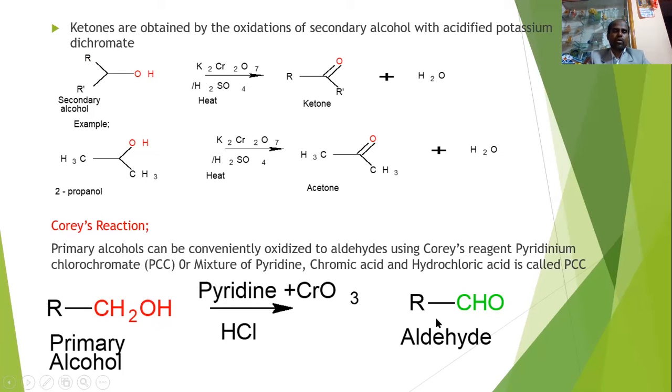That means Corey's reaction is useful for the preparation of aldehyde starting with primary alcohol. So that means it's a mild reagent. So using this reagent, one can convert primary alcohol into aldehyde. So there won't be further oxidation as in the case of potassium dichromate.